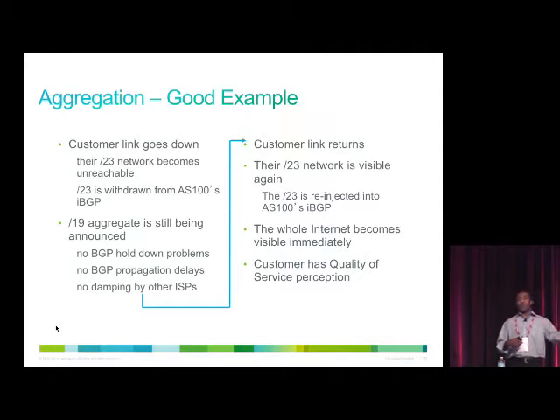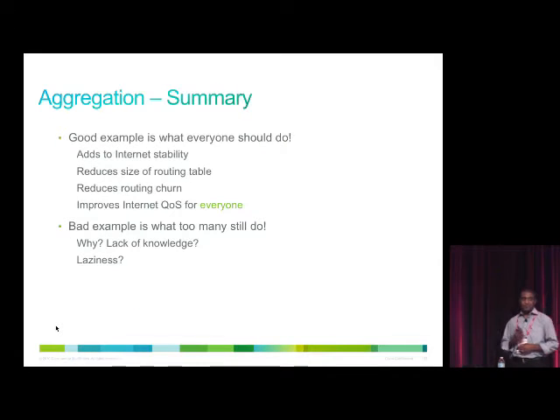Traffic to that customer will come to the ISP, and it will be dropped at the border router because there is no route for it. But as soon as the interface comes back, it's injected into iBGP, and traffic immediately flows to the customer. Good for the customer, good for the internet, and creates a stable internet. So it's very important to aggregate.